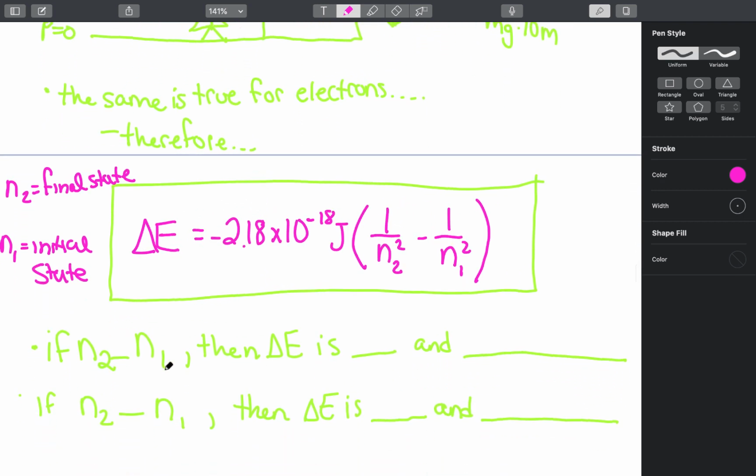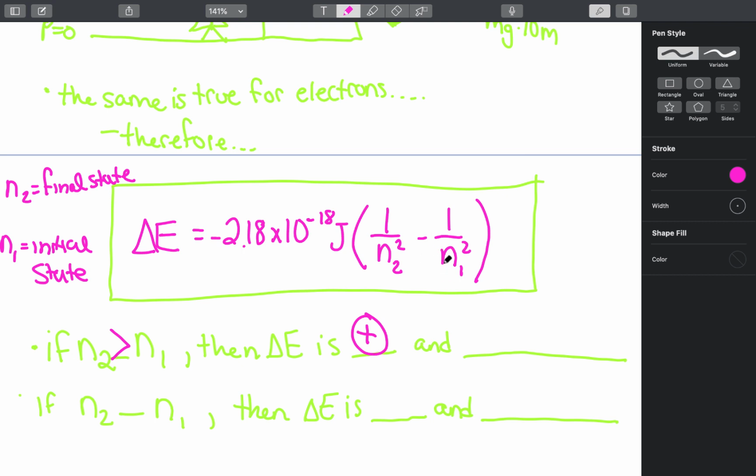So from this equation, we can understand some different things. If n2 is greater than n1, then the change in energy is positive. And that's because if n2 is greater than n1, this fraction would be smaller than this fraction, causing it to be a negative number.